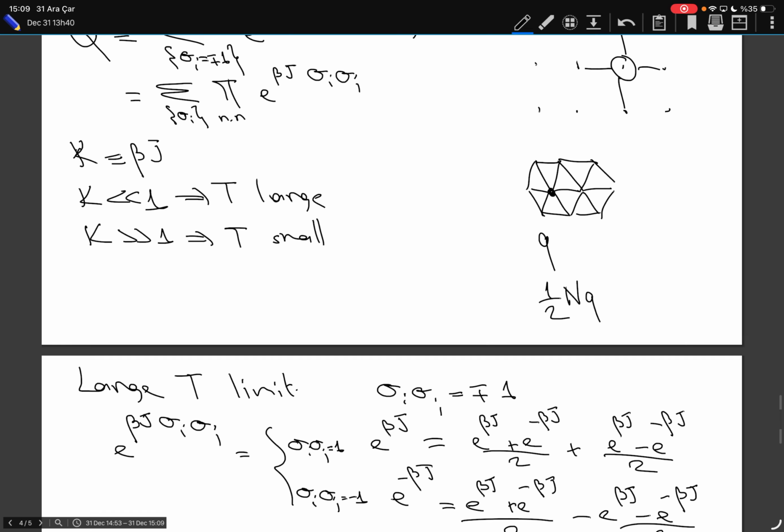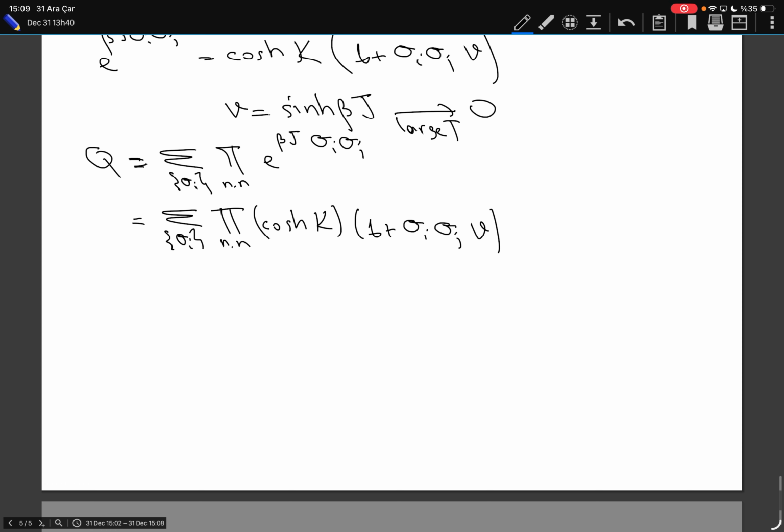Well, each one of these atoms has q nearest neighbor sites, so n times q. But keep in mind, n times q counts each nearest neighbor interaction twice. One, because it's a nearest neighbor of this one. The other one is the nearest neighbor of that one. So that's why I have to divide by 2.